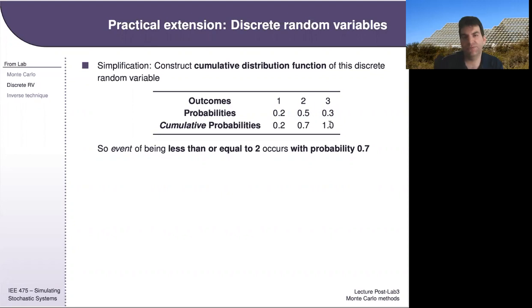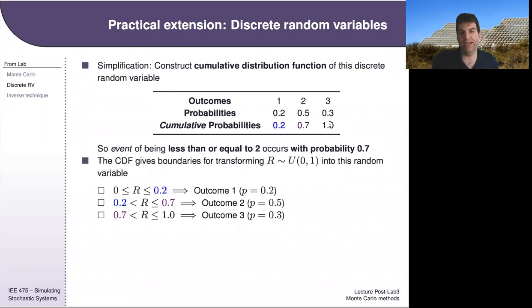That cumulative distribution function gives you a rule that allows you to turn a continuous random variable between 0 and 1 into this discrete random variable. And you do that just by drawing a single number between 0 and 1, and then asking where it falls in the CDF. And so if it falls between 0 and 0.2, you give an outcome 1.